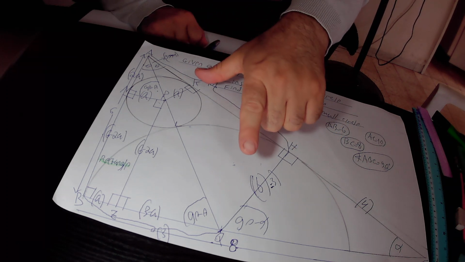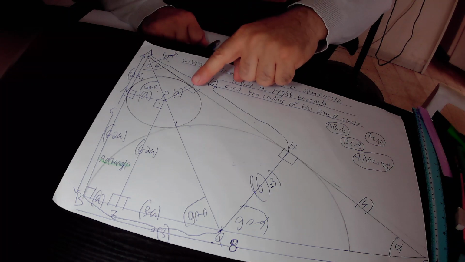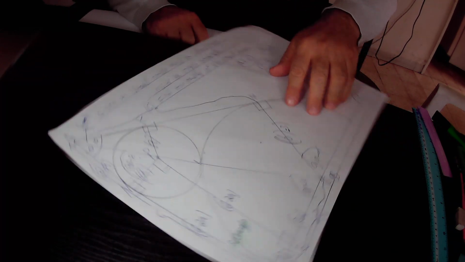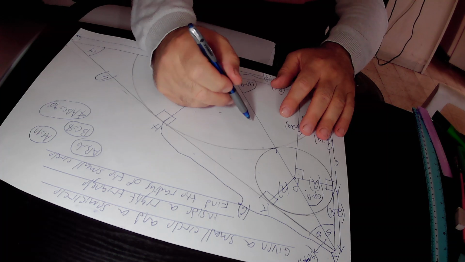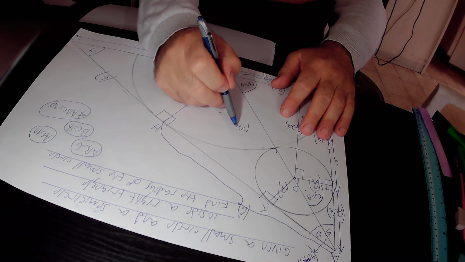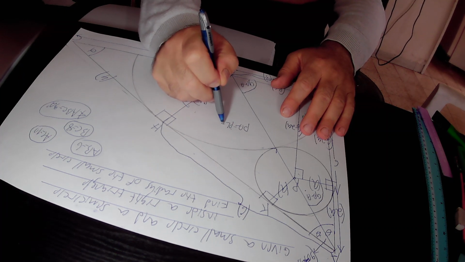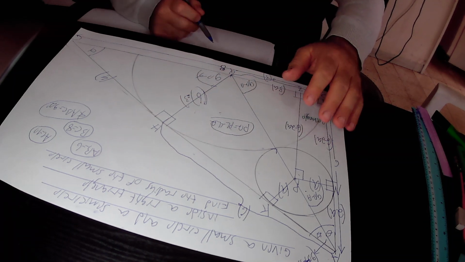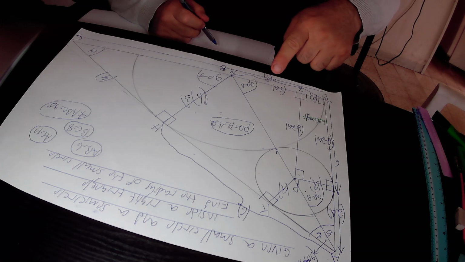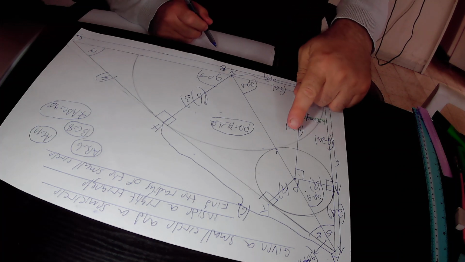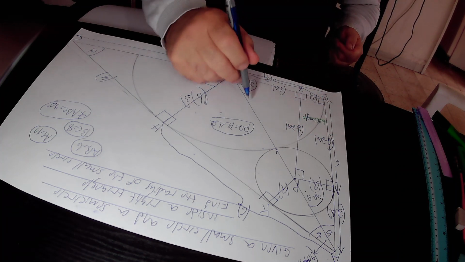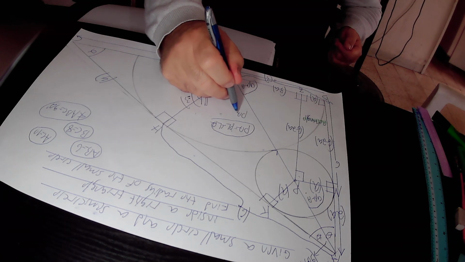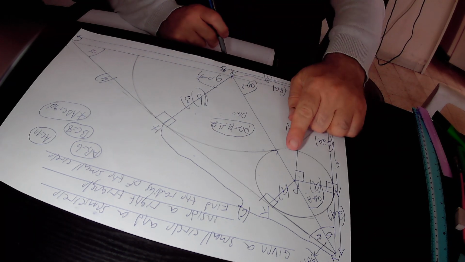But what is the length of PQ? PQ must be equal to PL plus LQ. So I write it down. PQ will be equal to PL plus LQ. And only because of the fact that PLQ is one straight line, PQ will be equal to PL plus LQ. So PQ equals PL.